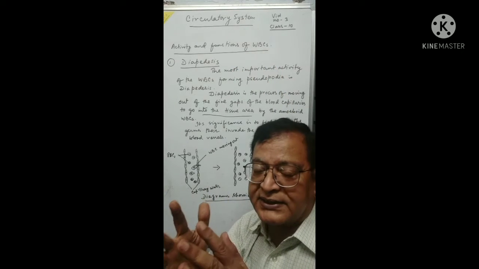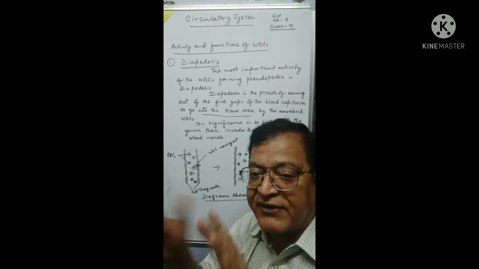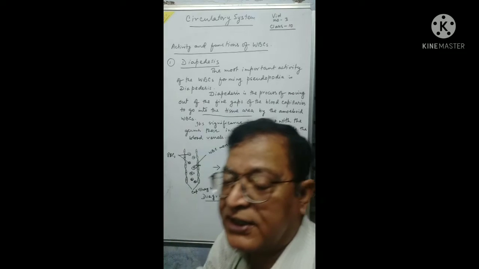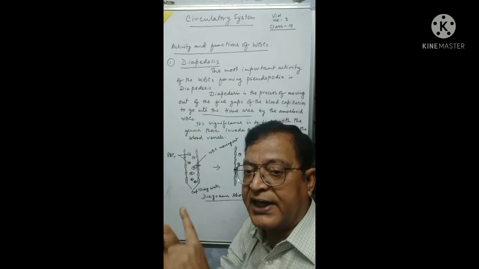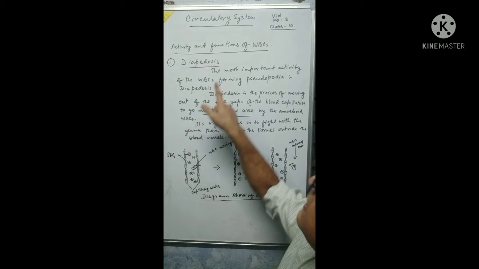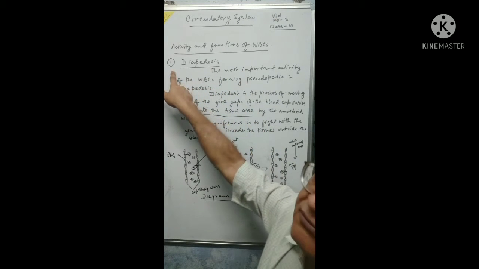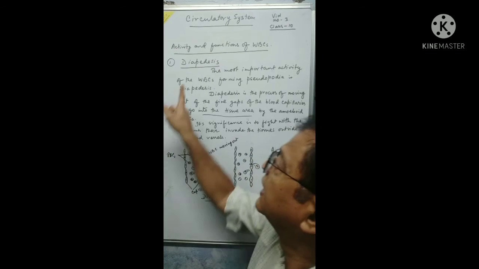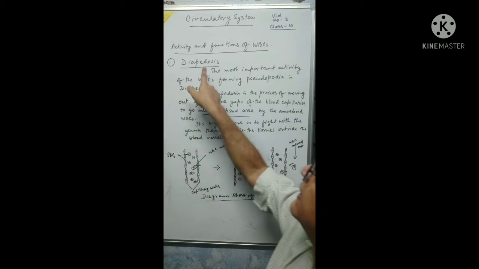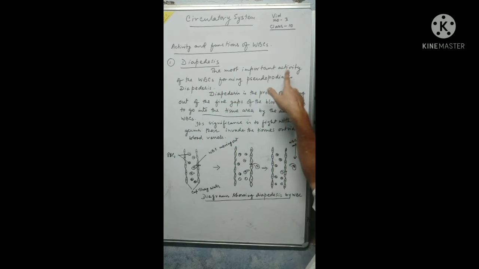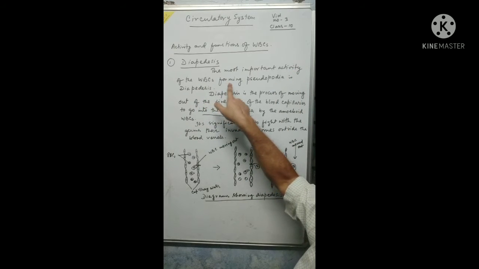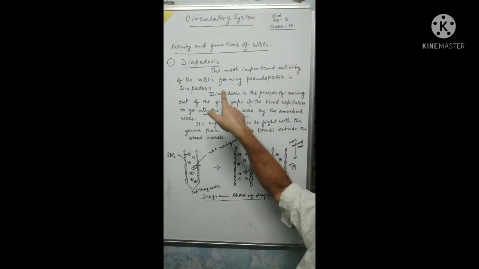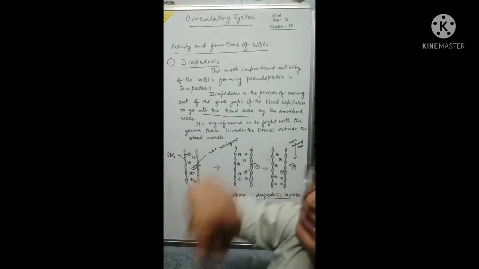We'll go through them together and differentiate which particular kind of WBCs do what functions. First of all, the first important activity of WBCs is diapedesis, the most important activity of the WBCs, forming pseudopodia.